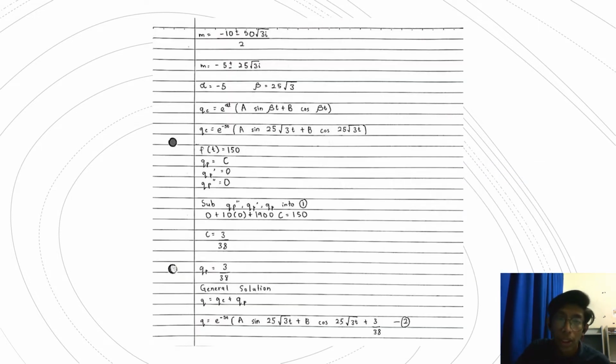Next we simplify again and get negative 10 plus minus 50 square root of 3 i over 2. Lastly, we get the value of m, which is negative 5 plus minus 25 square root of 3 i. So we get alpha equal to negative 5, and beta equal to 25 square root of 3.